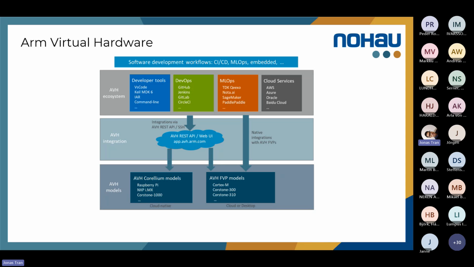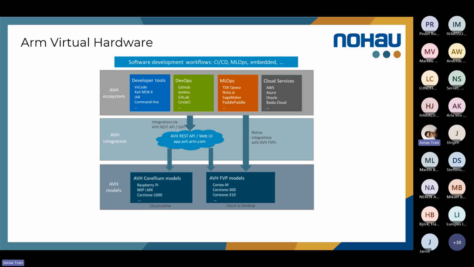For the demo, I am going to use an ARM FVP model for Cortex-M, and the board name is MPS2. I will connect to it via CADI, and these solutions are integrated with development tools, and they also offer support for CI/CD, where you can see the whole pipeline.